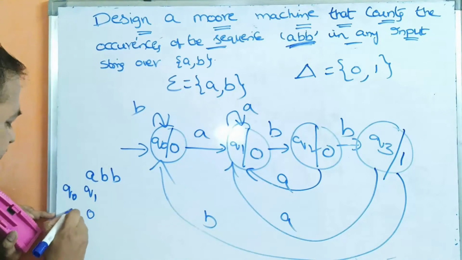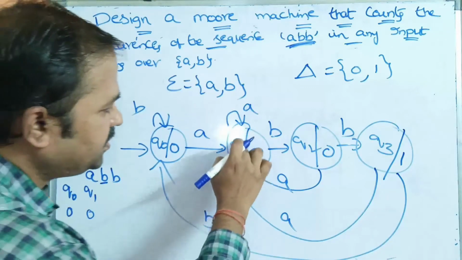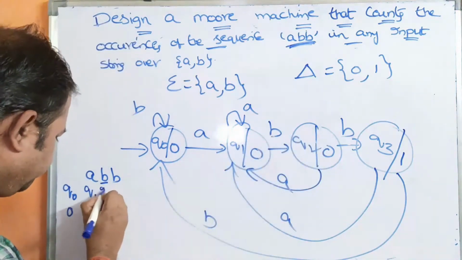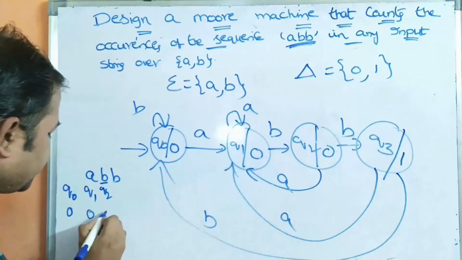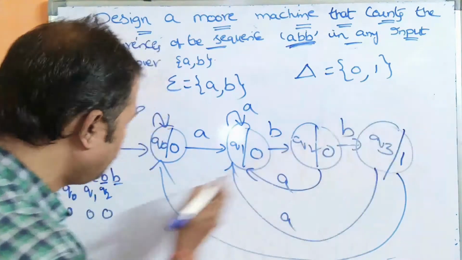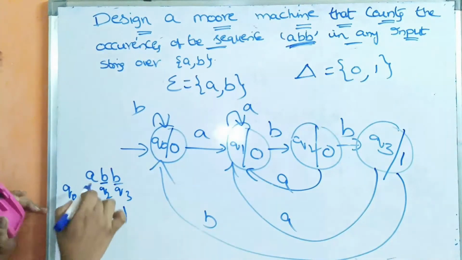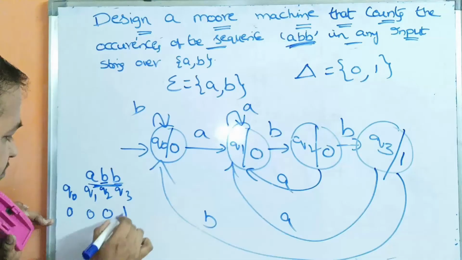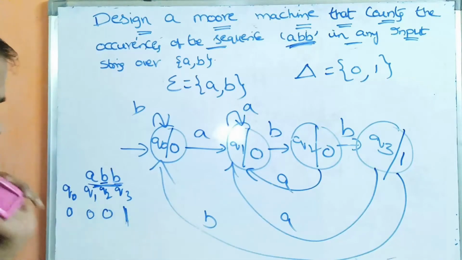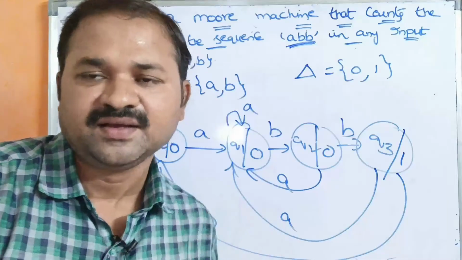What is Q0 output? 0 only. Next, Q1 on B goes to Q2. Q2 output is also 0. Next, Q2 on B goes to Q3. What is Q3 output? 1. So here we have the sequence ABB, that's why we got 1 as the output. With this we can conclude that ABB occurred one time in the string.